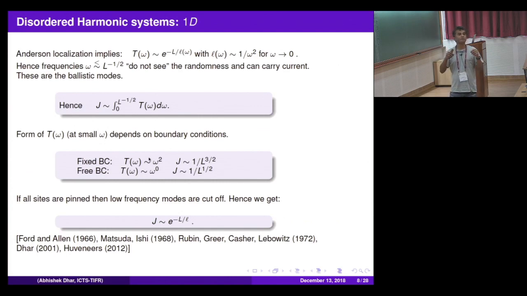If you don't put a pinning potential, then the current in the system is very sensitive to boundary conditions, and you can get all sorts of non-Fourier behavior depending on the boundary conditions you put. If you put pinning at all sites, which means you have springs so that you don't have low frequency modes, then all modes are strongly localized, and you get an insulator, so that the current decays exponentially with system size.